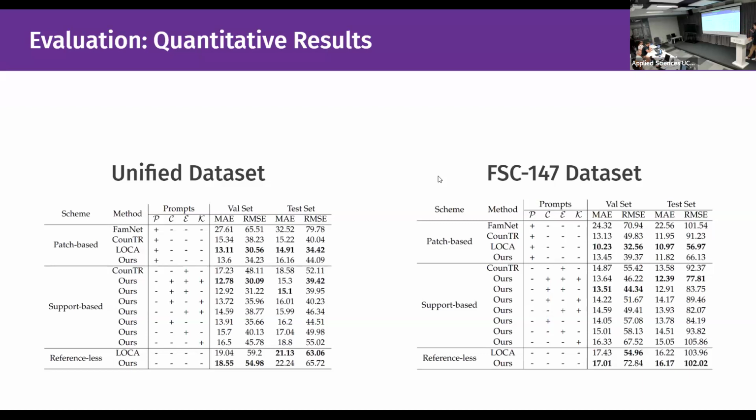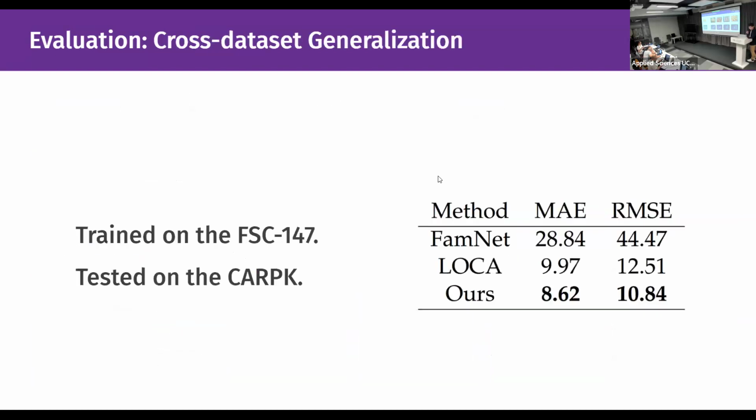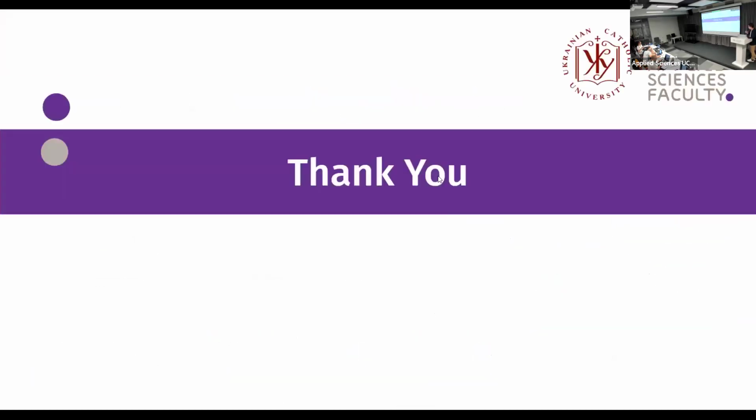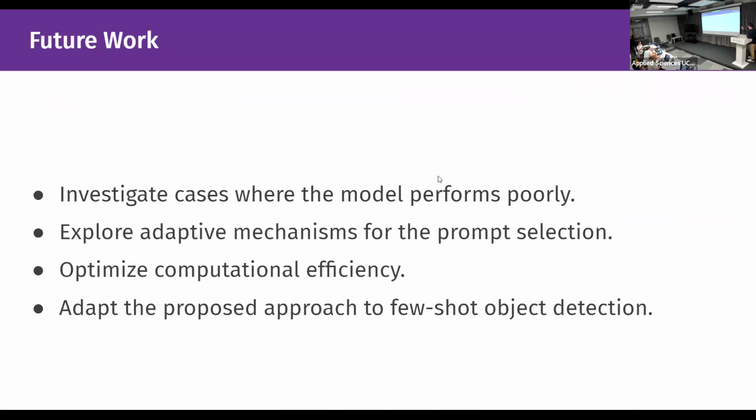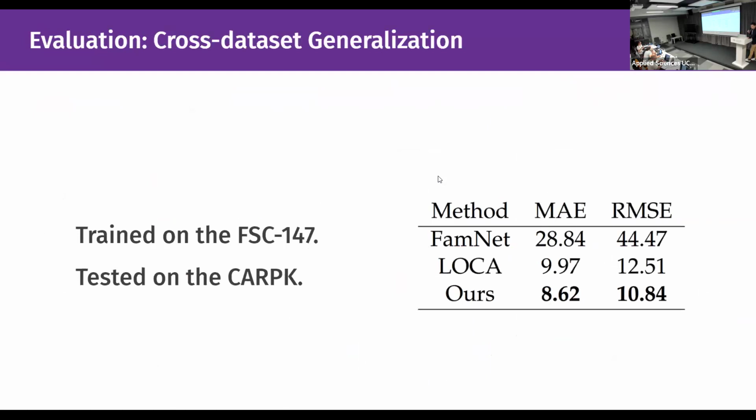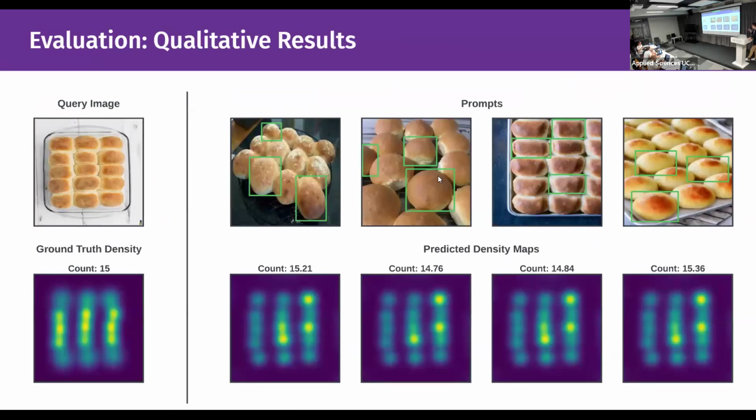Maybe we could make some smarter extraction of prototypes from this prompt. But regarding the future work, I think you're referring to the adaptive mechanisms, the first bullet. I was just wondering if you have not seen the cases of poor performance.